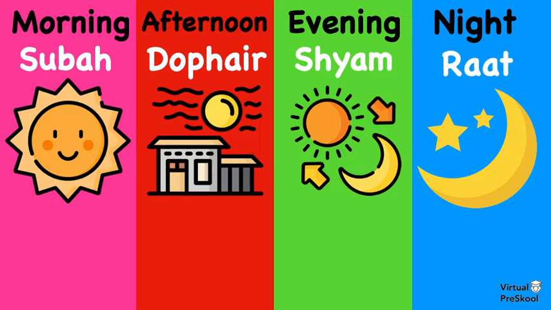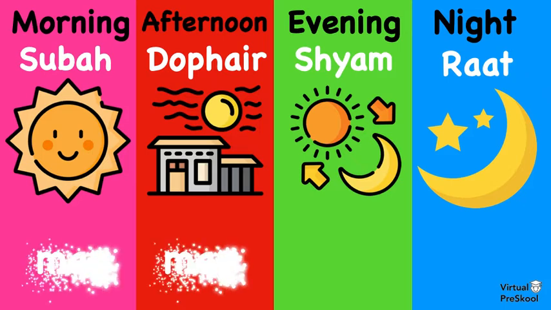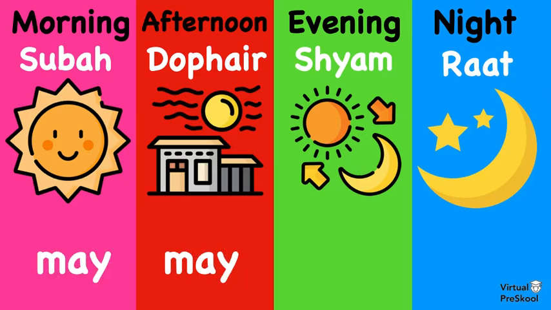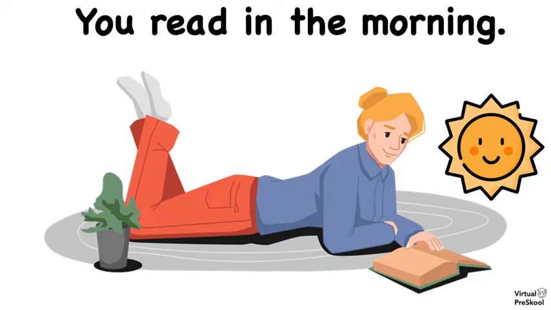When talking about the morning or afternoon, we use mein. And for the evening and night, we use ko. In a sentence, these new words, mein and ko, would follow the time of day. So it would be Subah mein, Dophair mein, Sham ko, Raat ko.